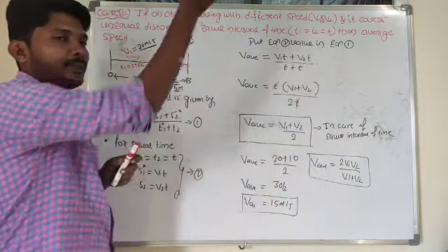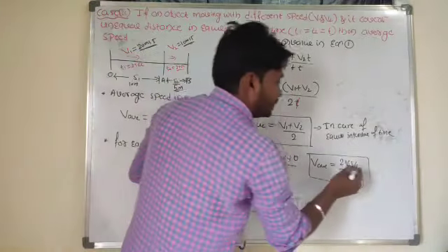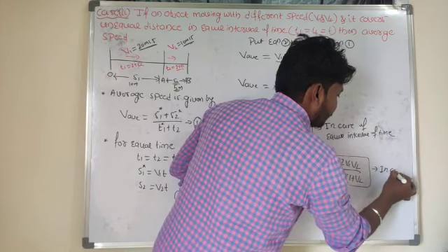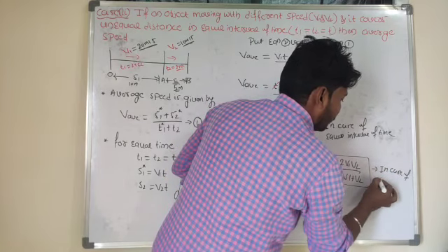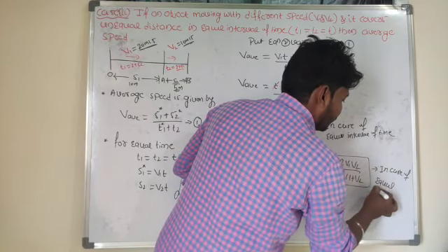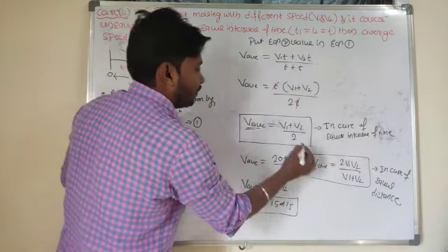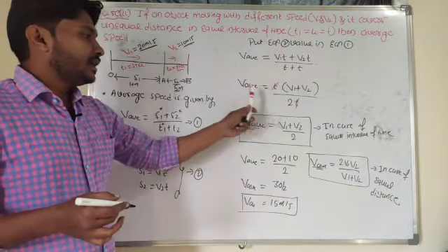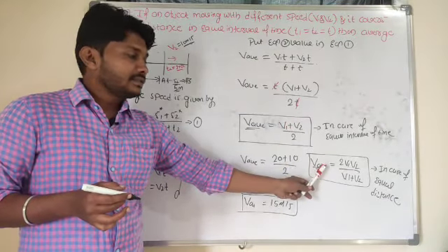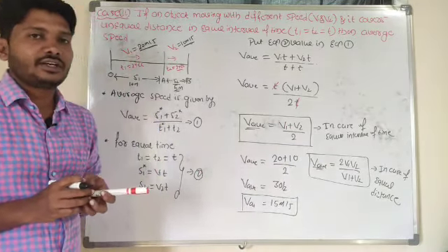This equation is applicable for equal distance. So these are the two formulas for average speed: in case of equal time and in case of equal distance. Hope you understand these things.